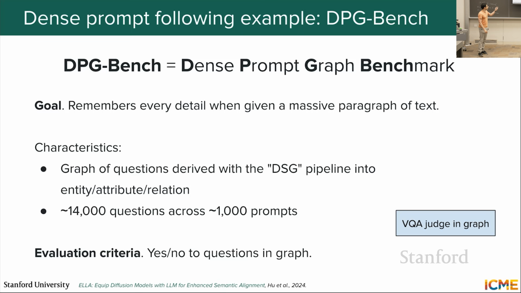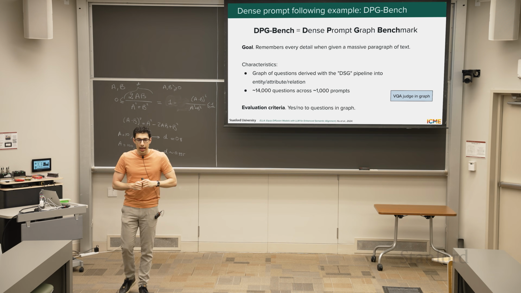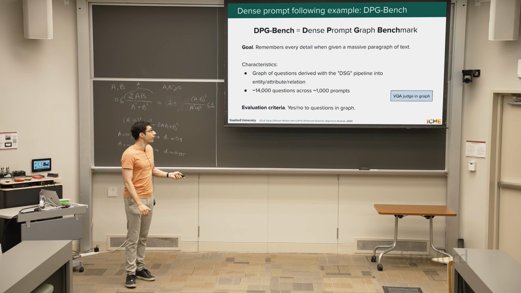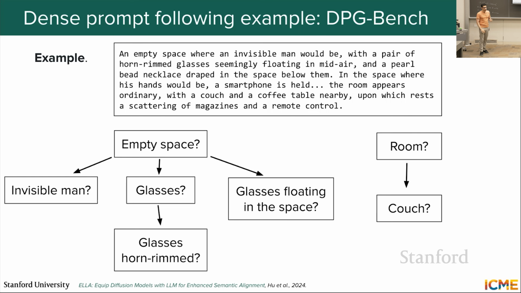And this is why this DPG benchmark has a mechanism that looks a bit like what we saw in TIFA, where you have this big chunk of text that you decompose into a set of atomic yes or no questions.